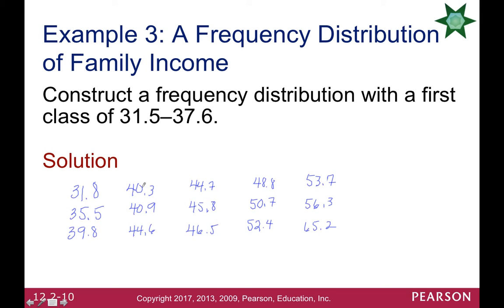Okay, so now these are arranged according to lowest to highest, and that's the first thing you want to do.